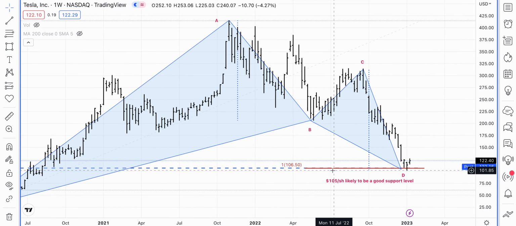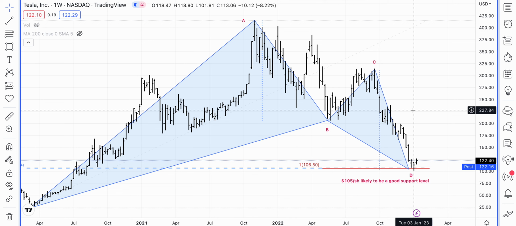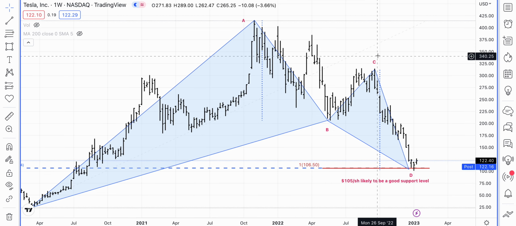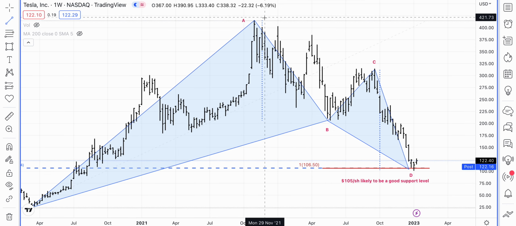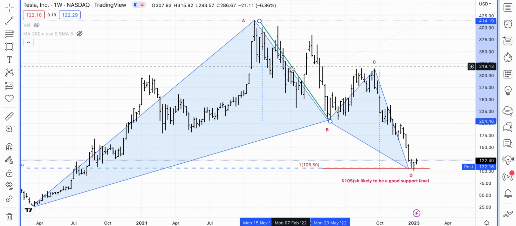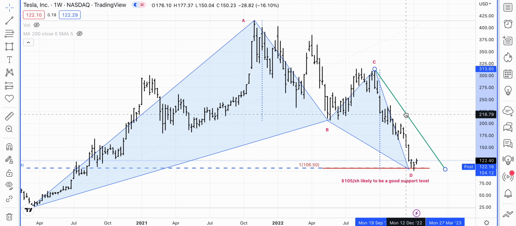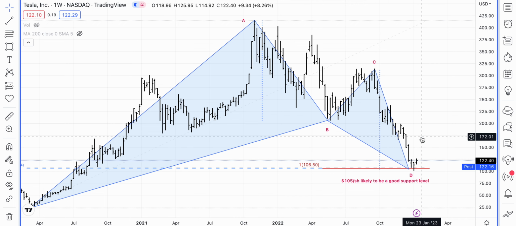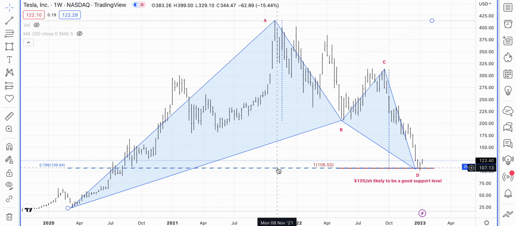all we were really looking for was around the 105 level, because of this bigger one-to-one projection, A, B, C, D. So essentially you take this much decline and project it from the next one, and it came around here. Also, this happened to be a 78.6% Fibonacci retracement level.